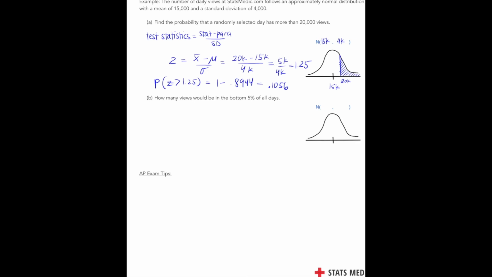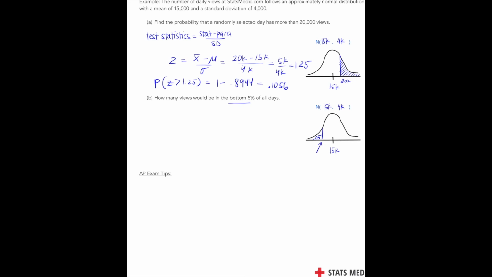As for part B, it says how many views would it be in the bottom 5% of all days. So I know this is 15K still, and then this is 4K, and their goal is to look for the bottom 5%. So we know that inside our table is 0.05, and we basically need to figure out how many days that is.